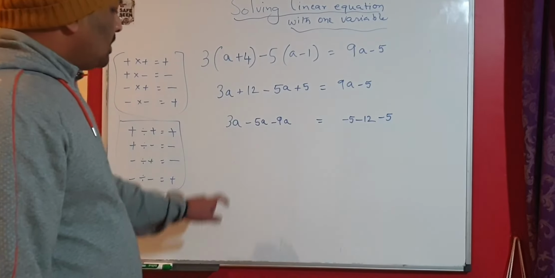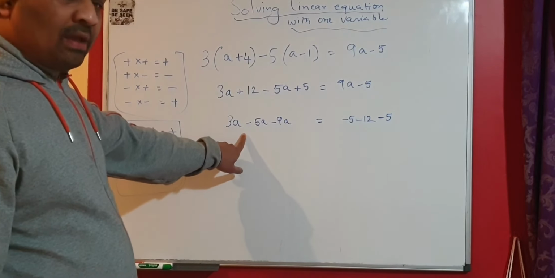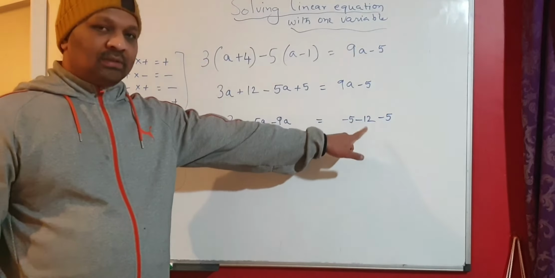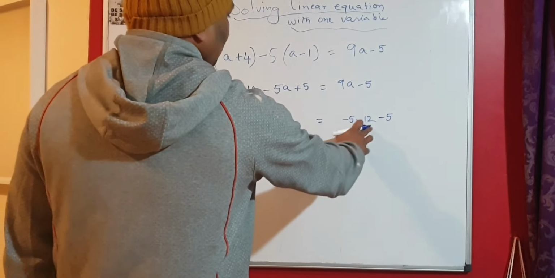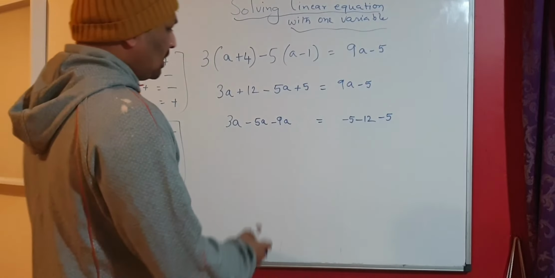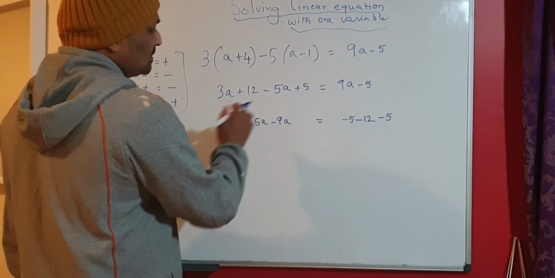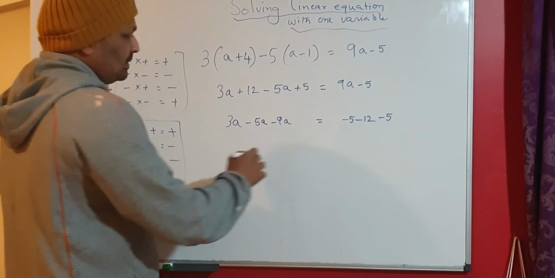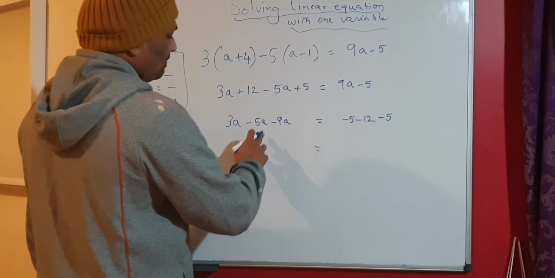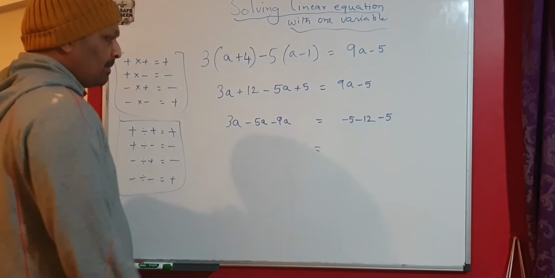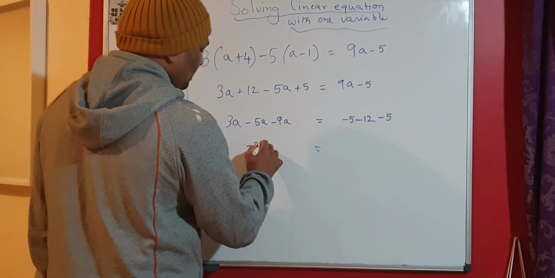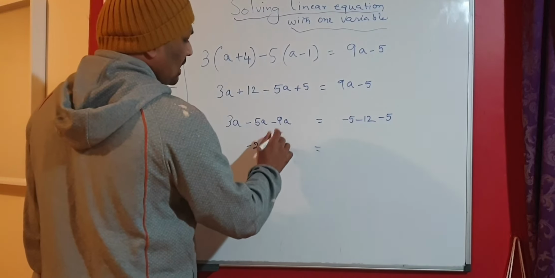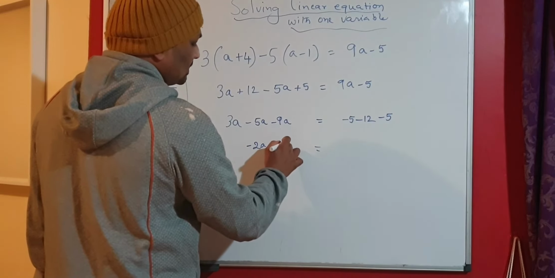Now we have the terms that have unknown quantities on the left side and the terms that have constants on the right side. Now it's easy to simplify because all these terms have the variable a in them. 3a minus 5a is minus 2a, and minus 9a here as it is.